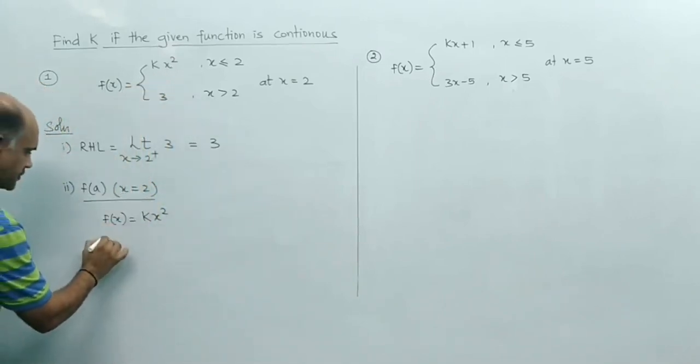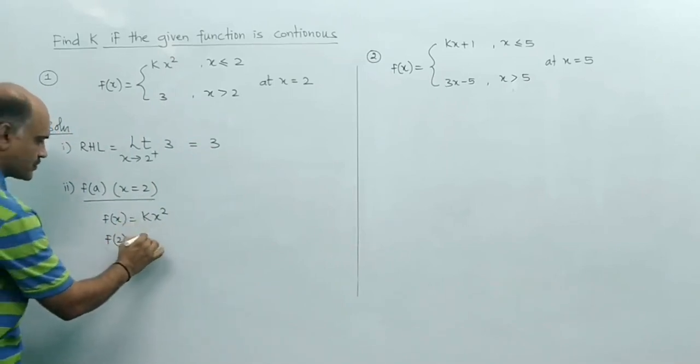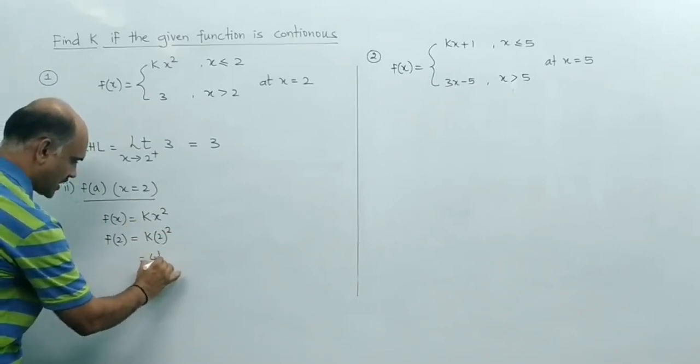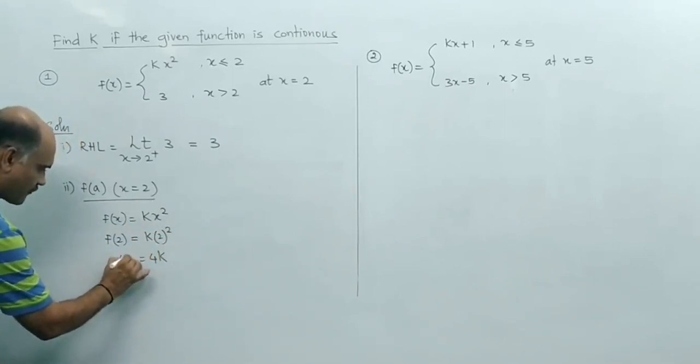If you substitute 2 in place of x, k into 2 square, you will get 4k. This is nothing but our f of a.